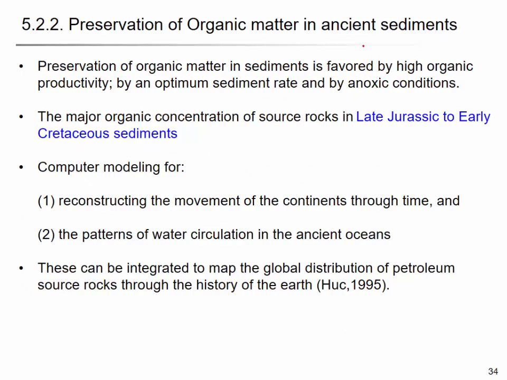In the ancient sediment, preservation of the organic matter is favored by high organic activity, by optimum sediment weight, and by anoxic condition. Major organic concentration is, as we talked, late Jurassic to early Cretaceous sediment. And people do modeling to reconstruct the movement of the continents through time and the pattern of the water circulation, and they can track down the organic matter deposition distribution.